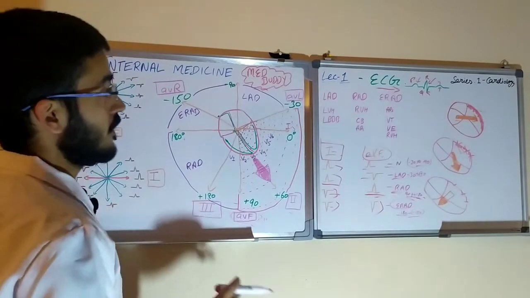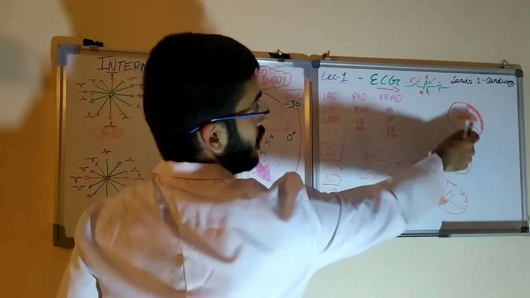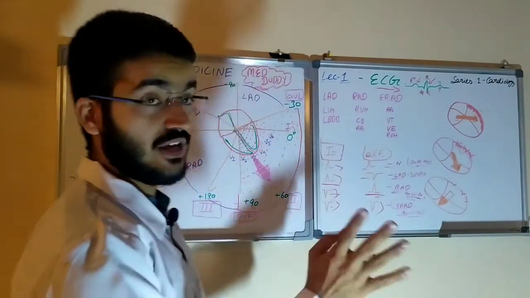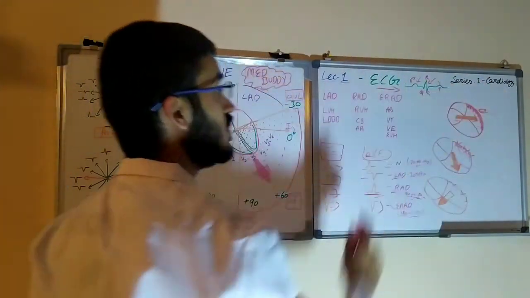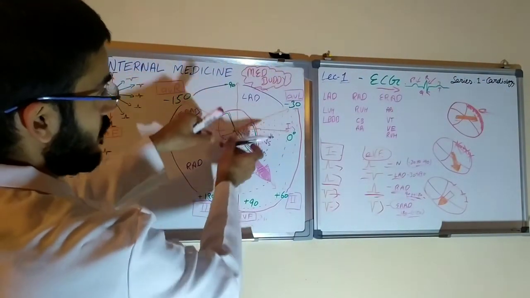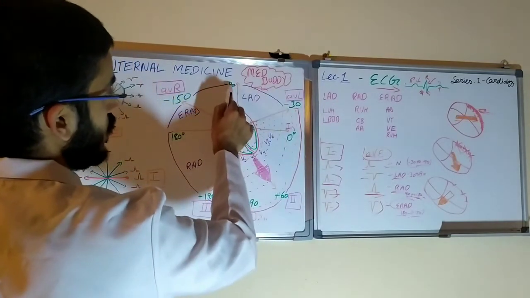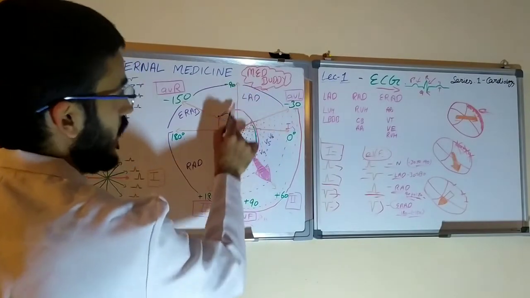Let's see again. The left axis deviation is towards the left due to, let's say, ventricular hypertrophy. Where does it lie? It will be lying between -30 to -90, right in this region. It is the region of left axis deviation.